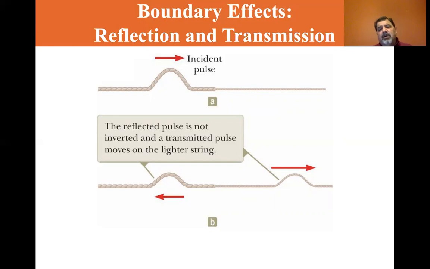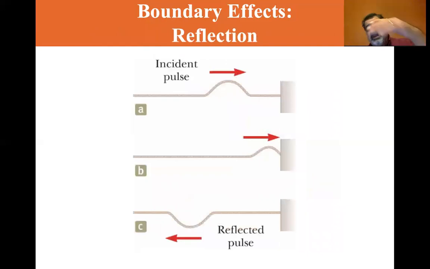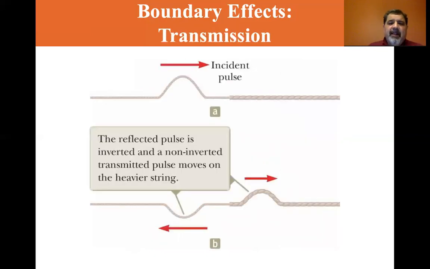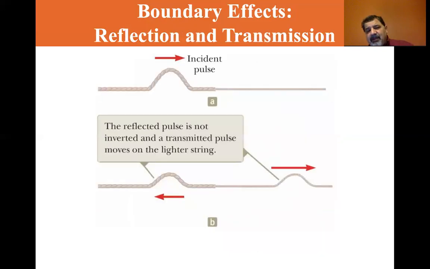So going to the heavier string is almost like having a hard reflection because it's higher density, whereas going from heavy to light is like a loose reflection, and you can think of it that way.